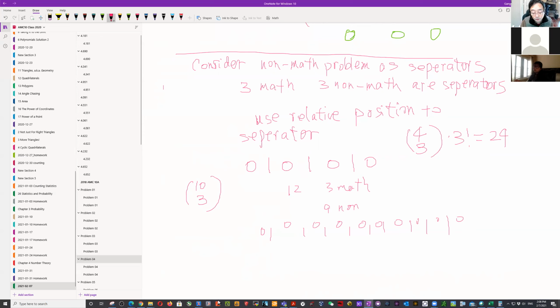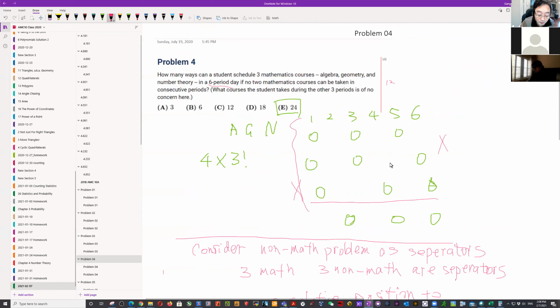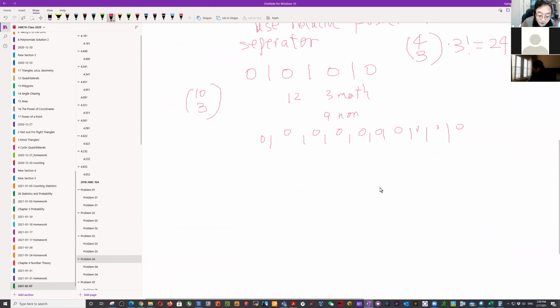The trick of this is that I just defined the separators and the positions. It didn't really define the math class order, because I didn't say this has to be the first period, this has to be the second period. Basically, if I don't put a math class in front of the first separator, this separator class is going to be the first period. Otherwise, if I put a math class in front of it, it's going to be the second.